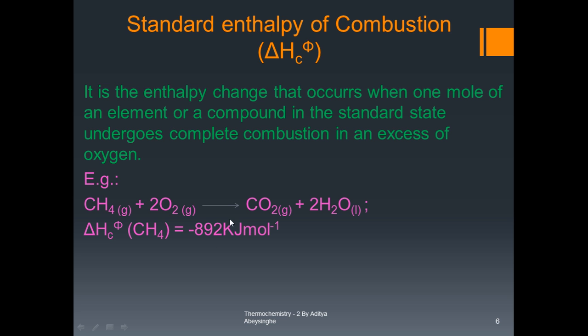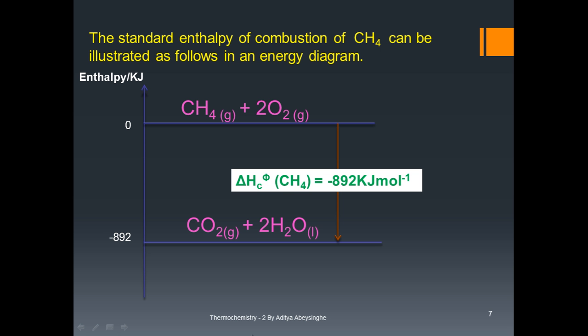Experimental data have shown that delta Hc phi, the standard enthalpy of combustion for CH4, is minus 892 kilojoules per mole. What's important here is that CH4 should be in the standard state and we should burn 1 mole of the compound under the standard state, and it should be completely burned with an excess of oxygen.